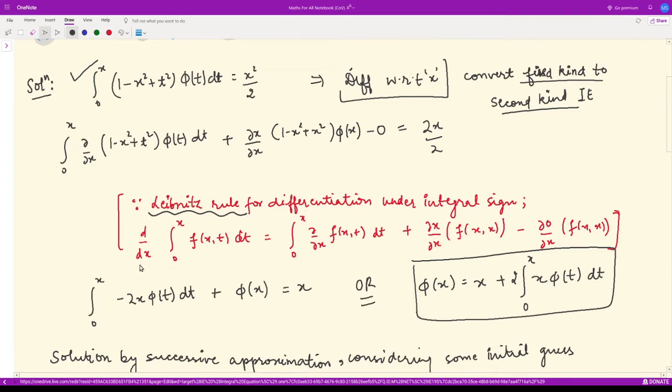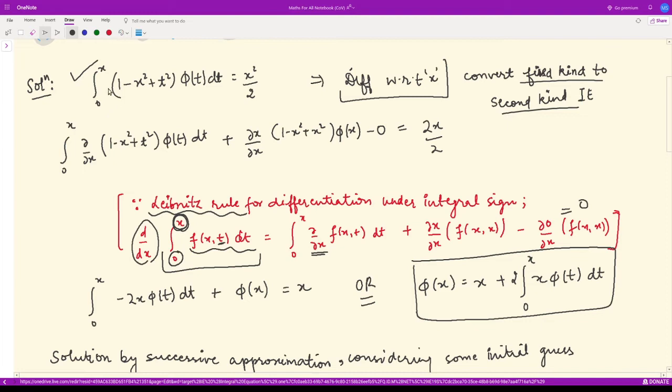If you are to take the derivative of this integration, you have to perform partial differentiation of this function, plus the derivative of the upper limit with respect to x, with x substituted in place of t, minus the derivative of the lower limit. That is 0, basically a constant, so this term would ultimately be 0, right?